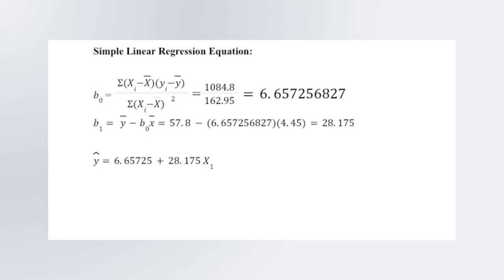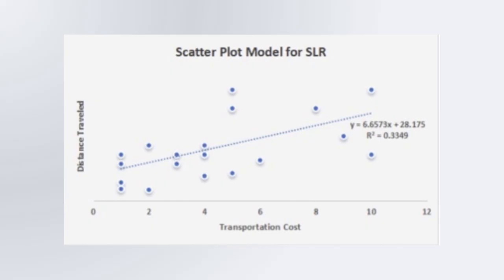So the y hat is equal to 6.65725 plus 28.175 x1. So that is the simple linear regression equation. The scatter plot presents the relationship between transportation cost and distance traveled using a simple linear regression model.